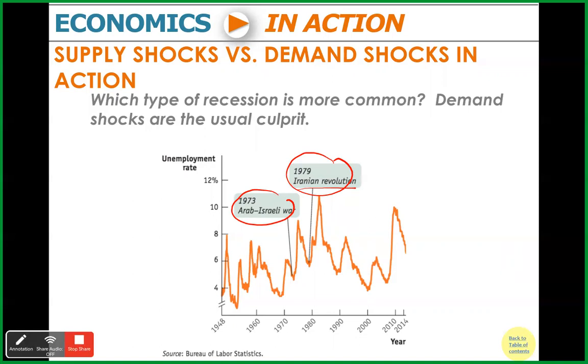But the main difference between the 1970s and today is how we respond. In the 1970s, the mainstream macroeconomists, even well-trained ones, did not have the knowledge we have today. That's the main difference.